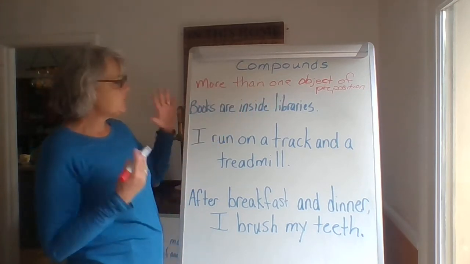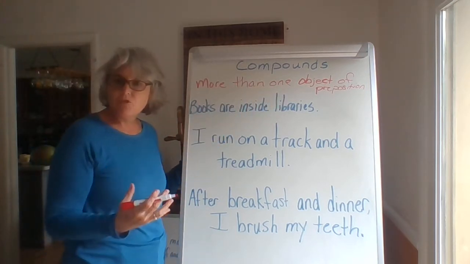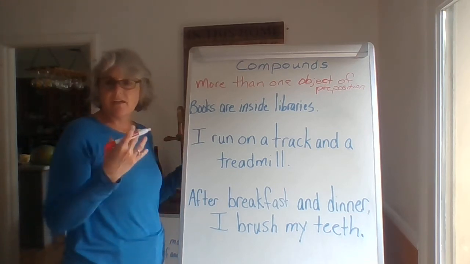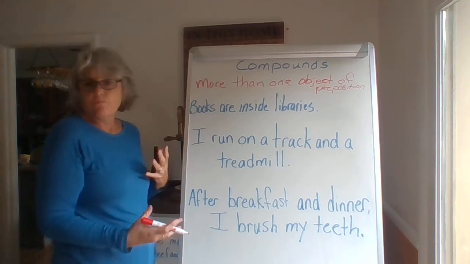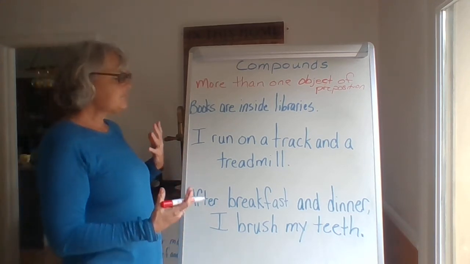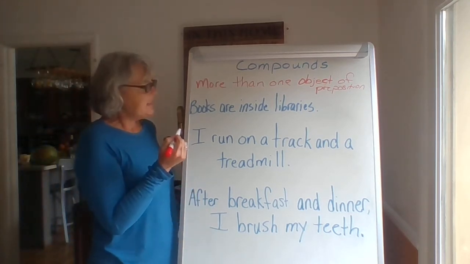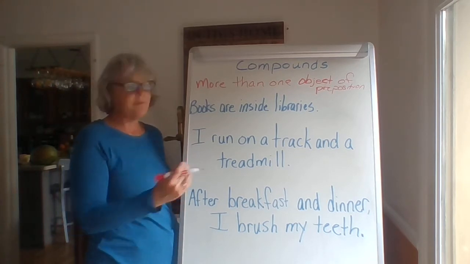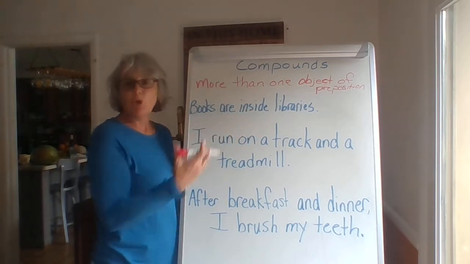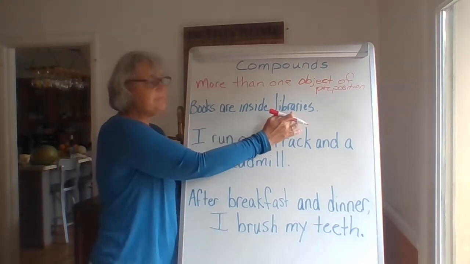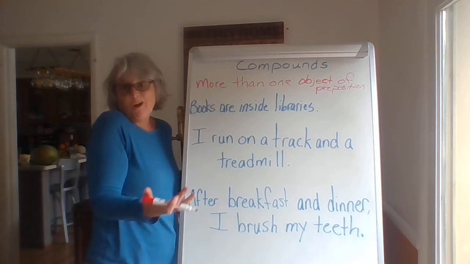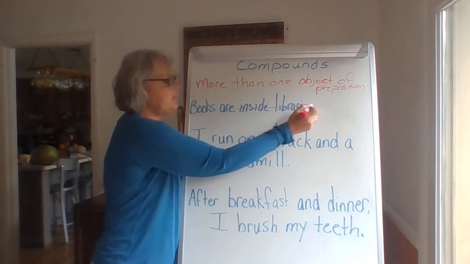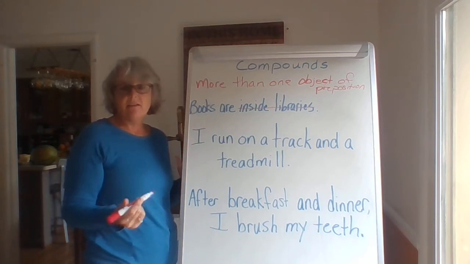All right, so let's look at this first sentence and let's find our prepositional phrase like we always do, put a line through it, and then let's find our subject and our verb. Just review what we always do in the workbook. So let's see, I'm sure you found it by now. Our prepositional phrase starts with the preposition inside, and it is only a preposition because it tells us in relation to what, inside what, libraries. So we're going to put a line through that like we always do, just a nice straight line.